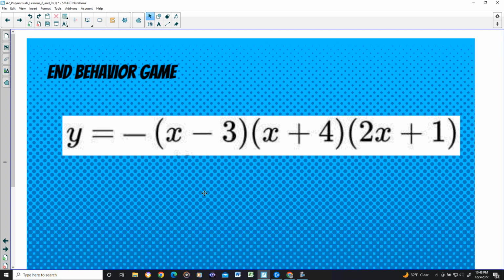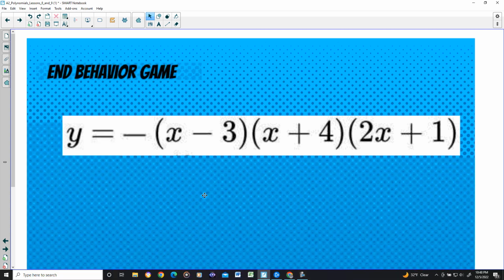Okay, what about this one? Okay, what degree is it? Degree 3. You have 3 x's. Okay, is that x going to be positive or is it going to be negative? So you've got positive, positive, positive, but multiplied by negative. So you're going to have a negative 2x to the third term.